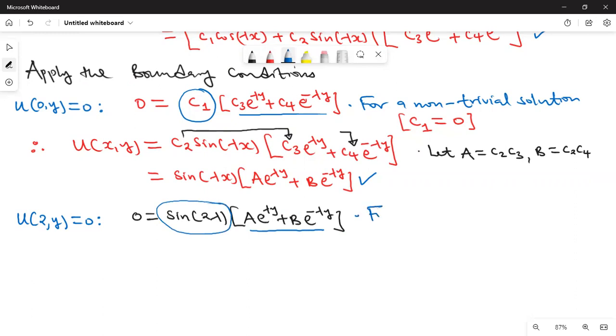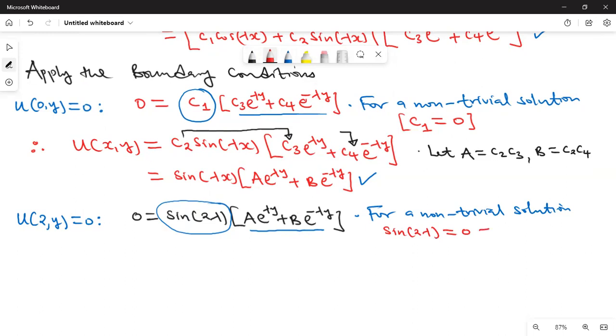So remember, for a non-trivial solution, it is only sine of 2 lambda that can be equal to 0. So I need to find lambda. You need to take sine inverse on both sides.